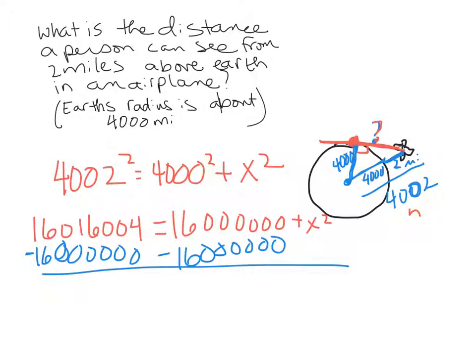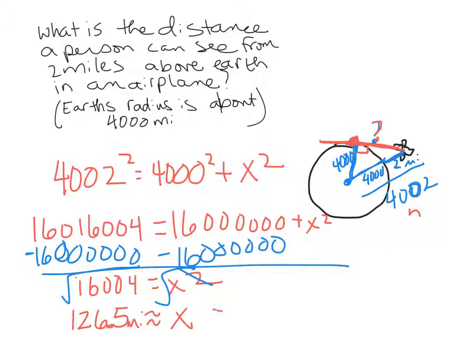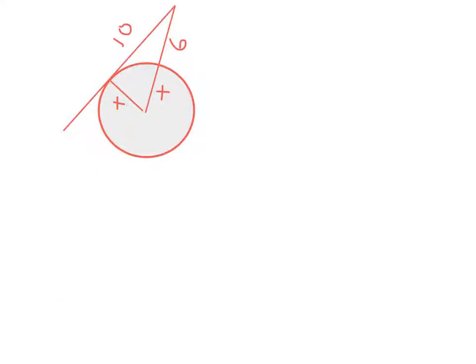Getting 16004 equals x squared. So then we take the square root of both sides, cancel that out. So x is approximately 126.5 miles.